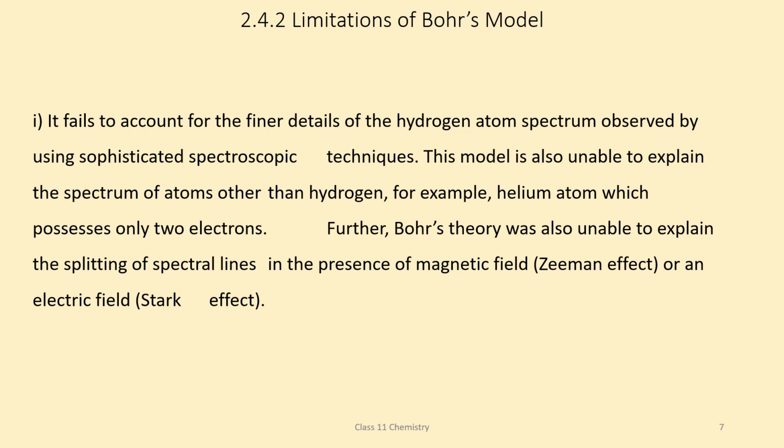Bohr's model fails to account for the finer details of the hydrogen atom spectrum observed by using sophisticated spectroscopic techniques. This model is also unable to explain the spectrum of atoms other than hydrogen. For example, it cannot explain helium atom, which possesses only 2 electrons.